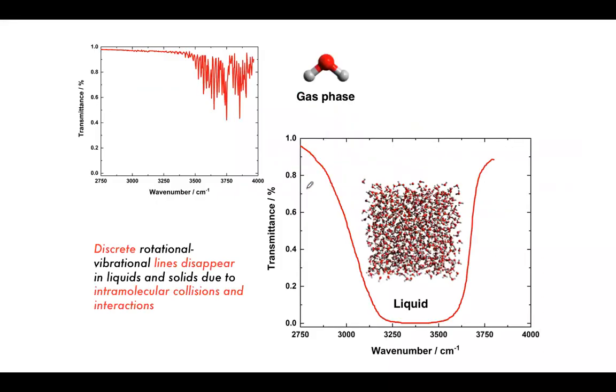But if we put the gas phase molecule into the bulk phase, so we have many, many water molecules interacting with each other, what we'll see is that the interactions between them will cause the lines to disappear. In liquids and solids, the lines will disappear due to the intermolecular collisions and interactions.